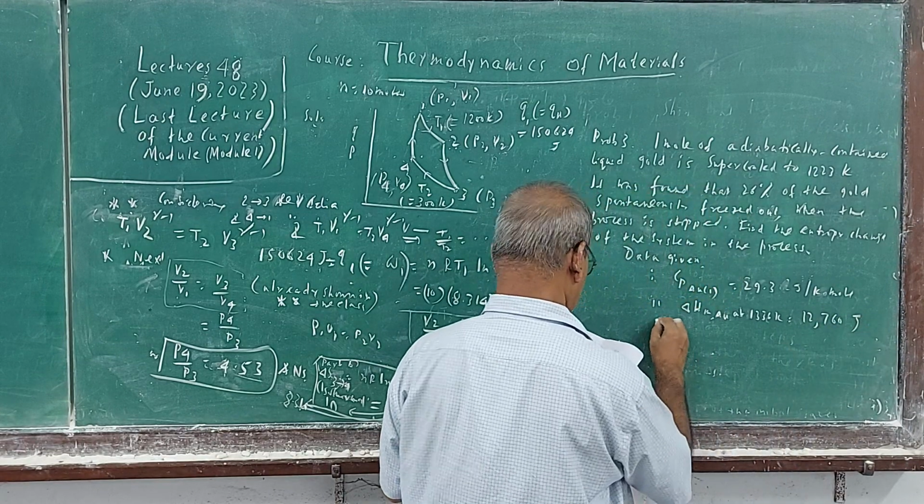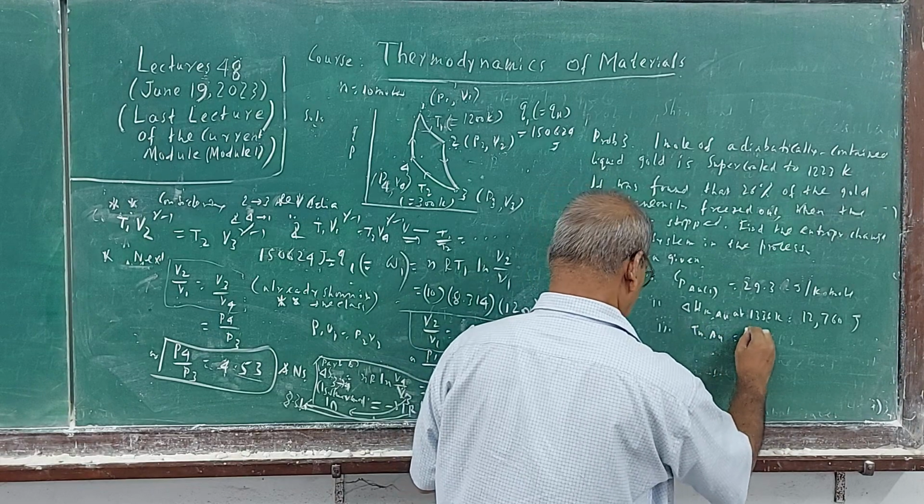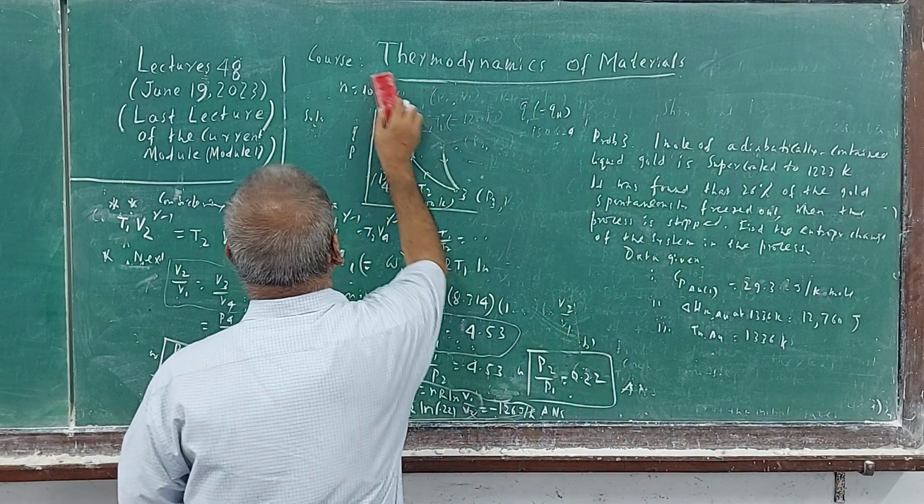Third point is the melting point of gold, 1336 Kelvin.